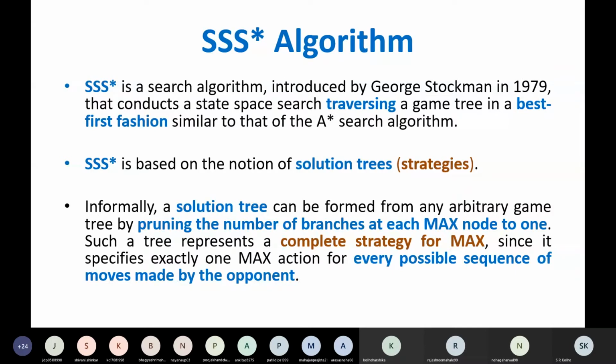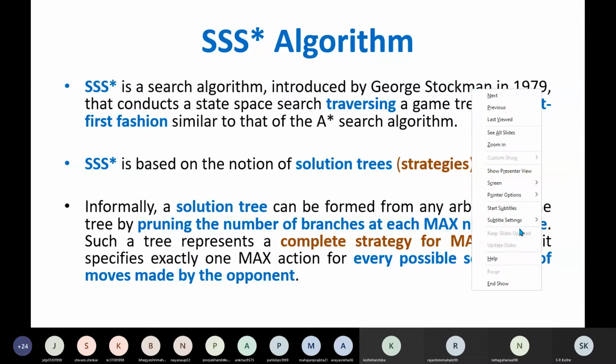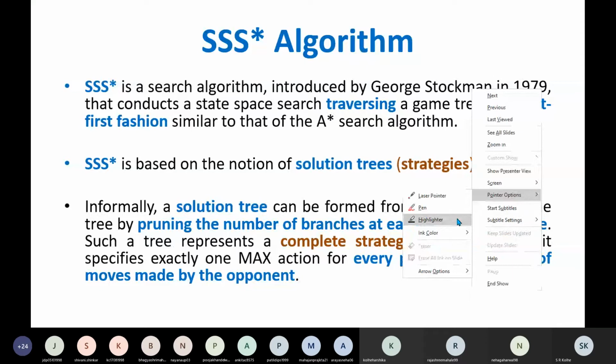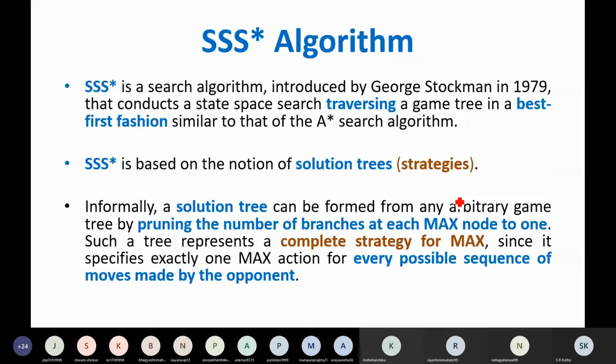Okay, so basically this SSS star algorithm is a search algorithm that was introduced by Stockman in 1979, and it conducts a state space search, traversing the game tree in best first fashion. That is the difference.